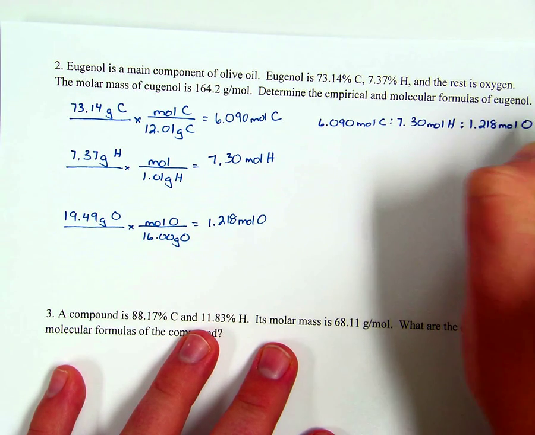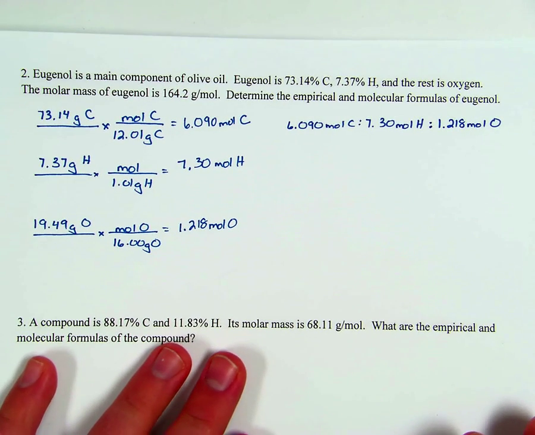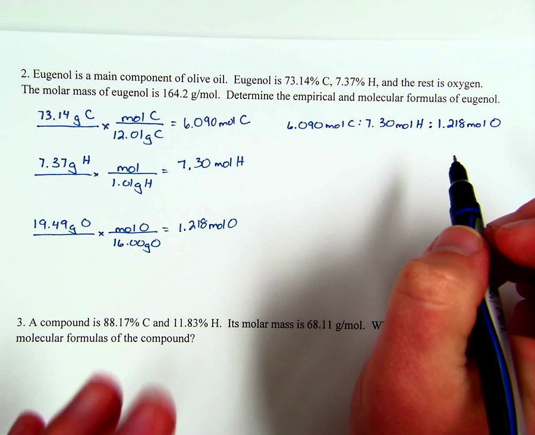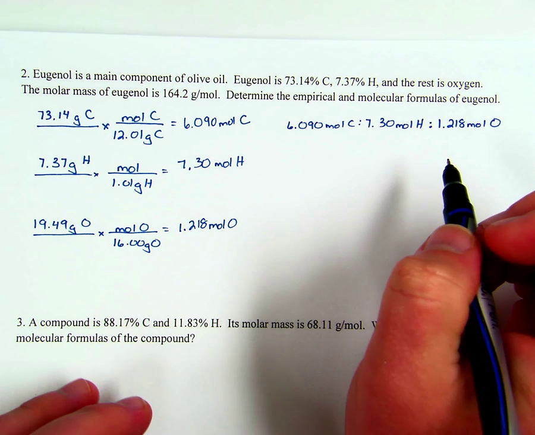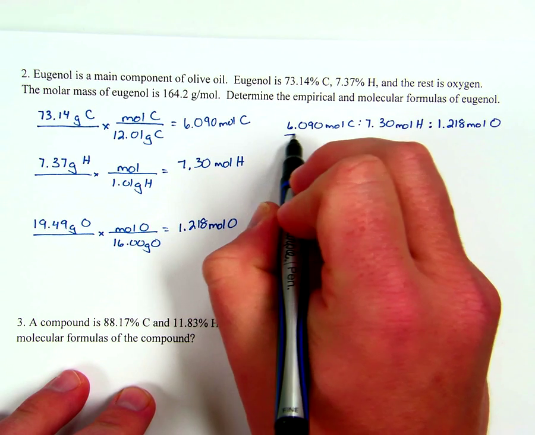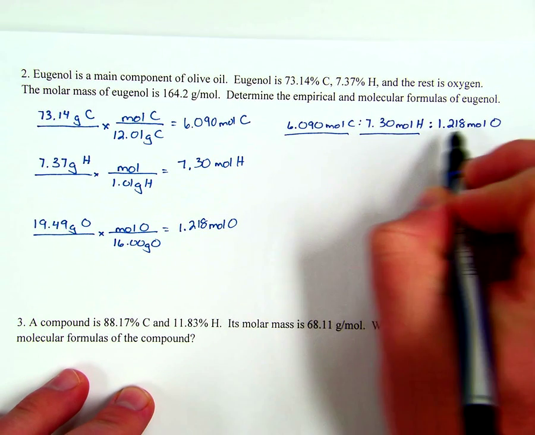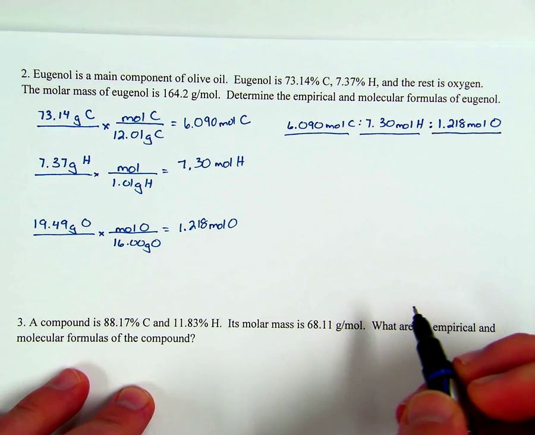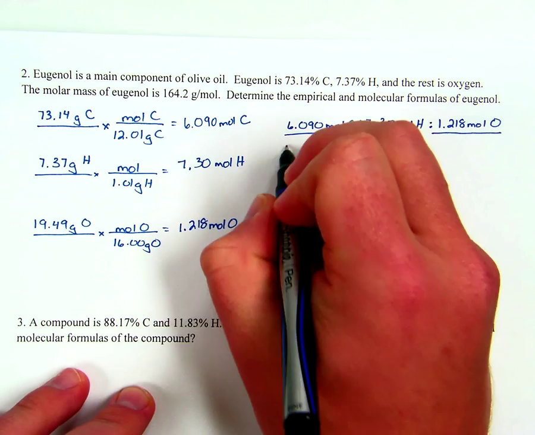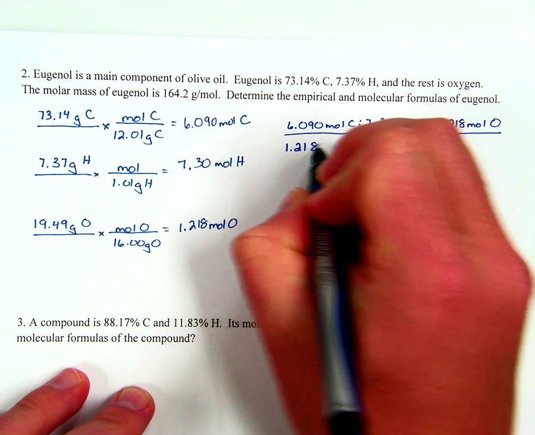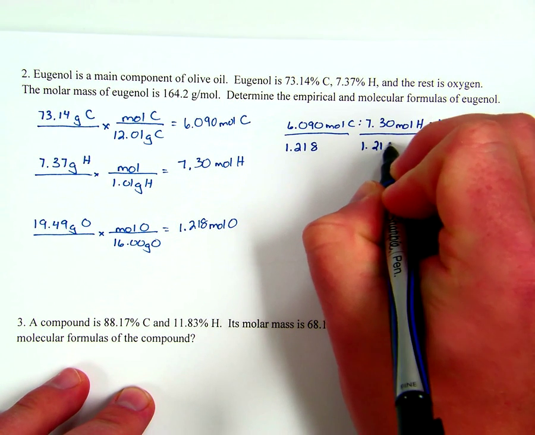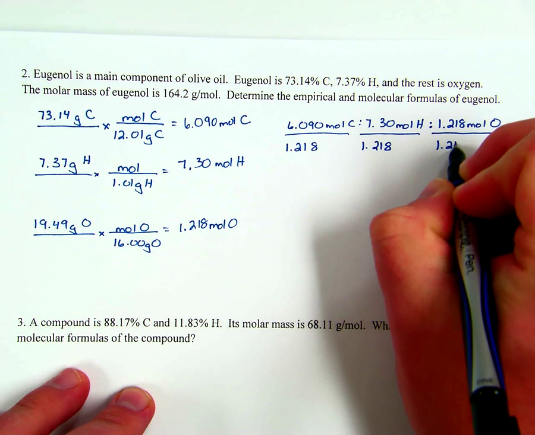Now, I want a mole ratio, and I want it to be the simplest ratio I can make it, and it needs to be whole numbers. So the process we're going to do here is divide all of these by the fewest number of moles, which you can see here is 1.218. So divide them all by 1.218, and then we'll just see what that gives us.